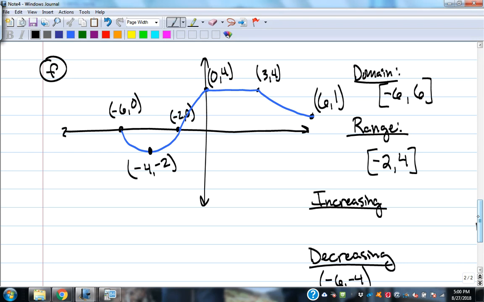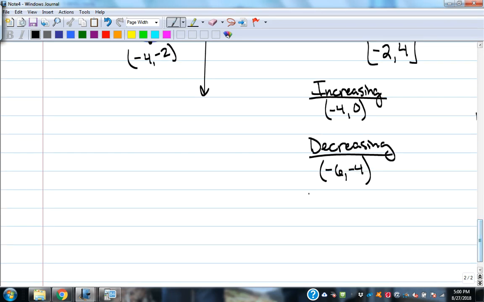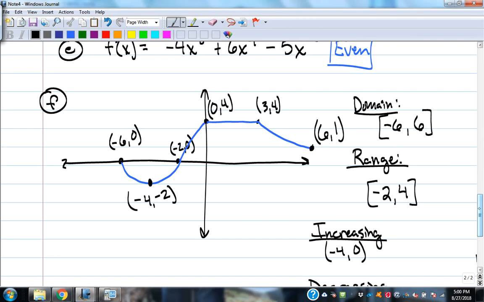All the way up to 0. So it's going up all the way to 0. So there's an increasing interval from -4 to 0. At 0, what does it do? Okay, it stays constant. It's got the same y value from 0 all the way to where? 3. So we have an interval where it's constant, 0 to 3. And then what's happening after 3?